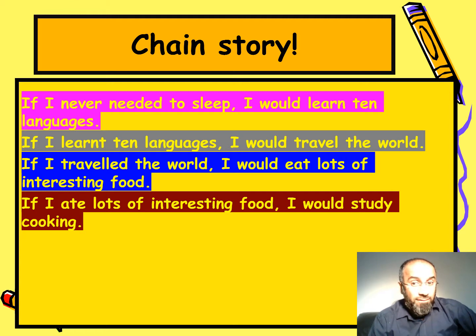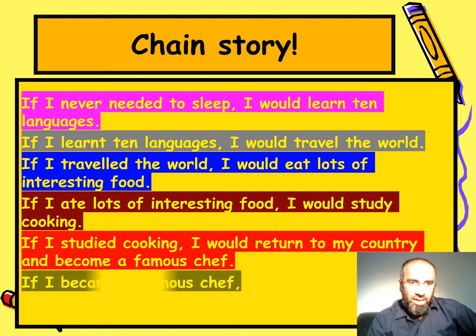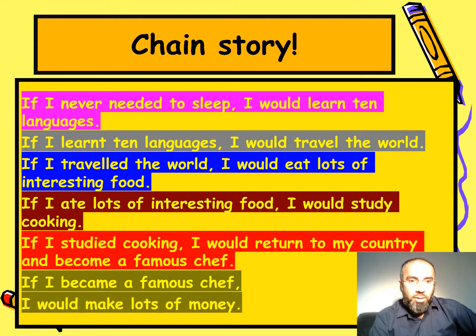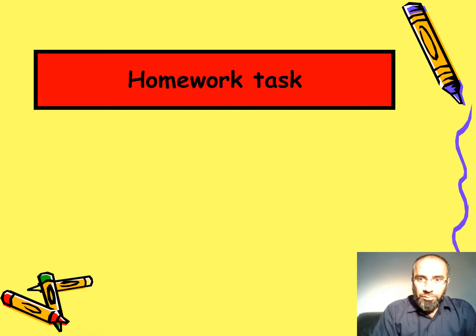The next one, if I studied cooking, I would return to my country and become a famous chef. If I became a famous chef, I would make lots of money. Okay, so that's a chain story using second conditional.